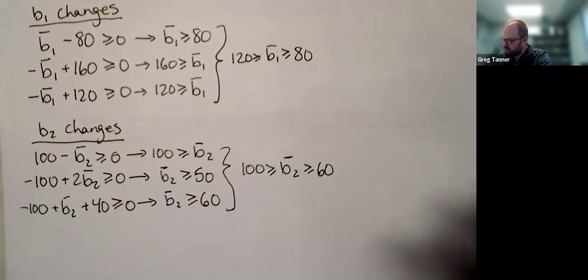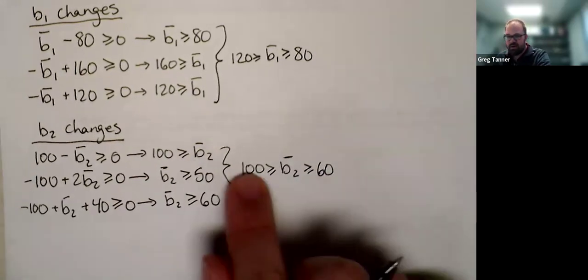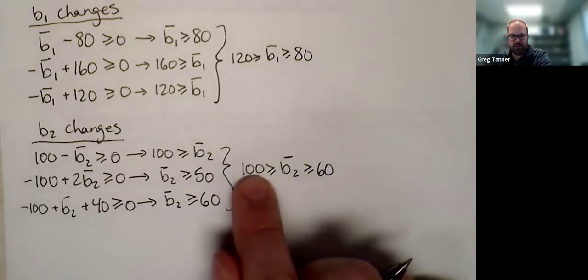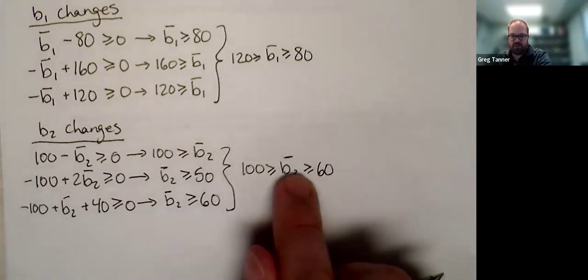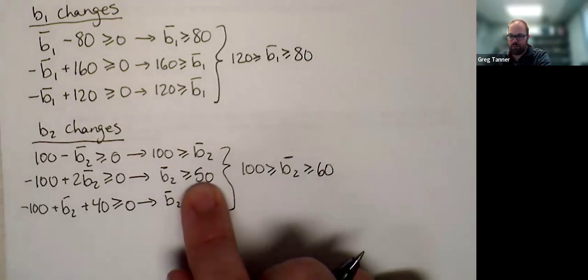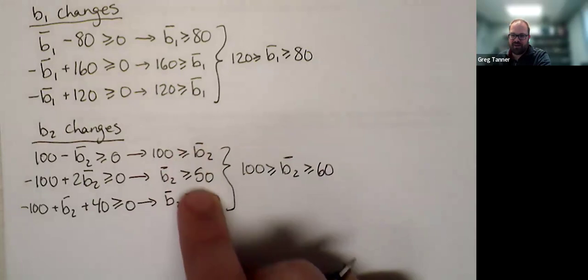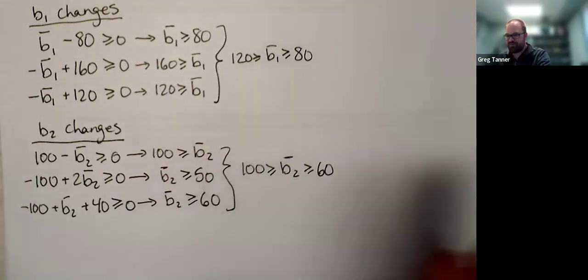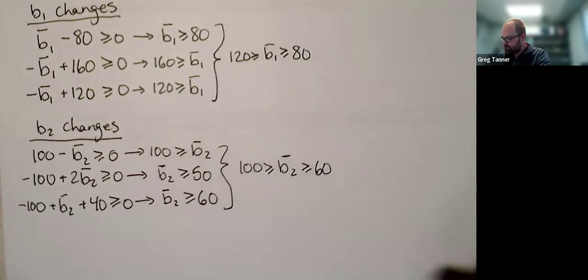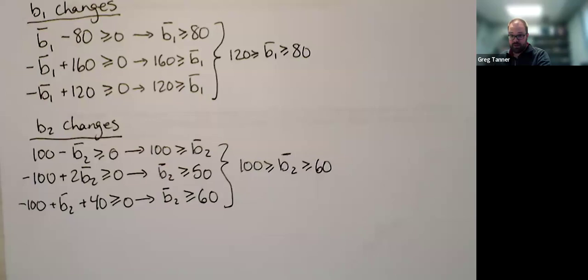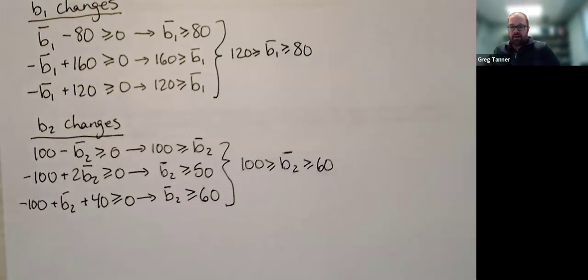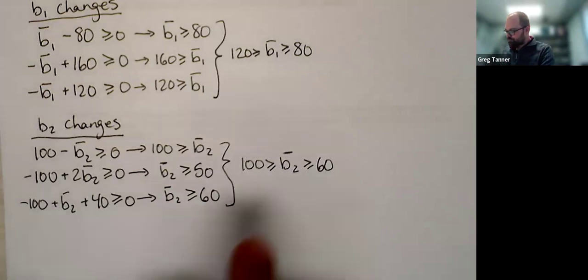Bar kind of indicates change. So anywhere between 60 and 100. Notice that if B2 is bigger than 60, we know it's also going to be bigger than 50. And so one of the inequalities ends up being redundant if you got three of them. Sometimes two of them become redundant or more than that. But some of those inequalities will become redundant.